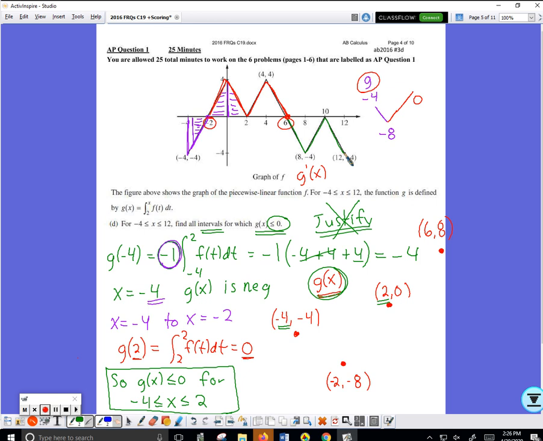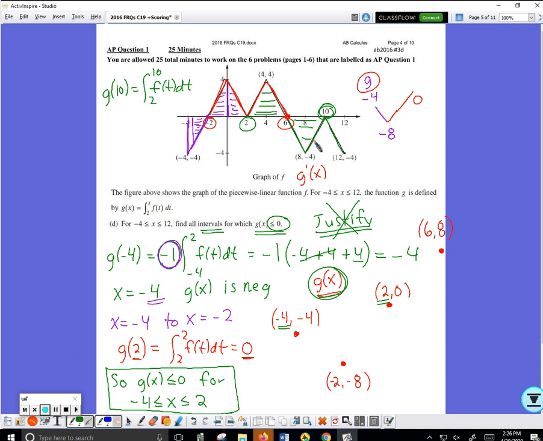Let's go find what happens at 10. So G of 10 is going to equal the integral from 2 to 10 of f. From 2 to 10, perfect symmetry. The area above perfectly matches the area below.